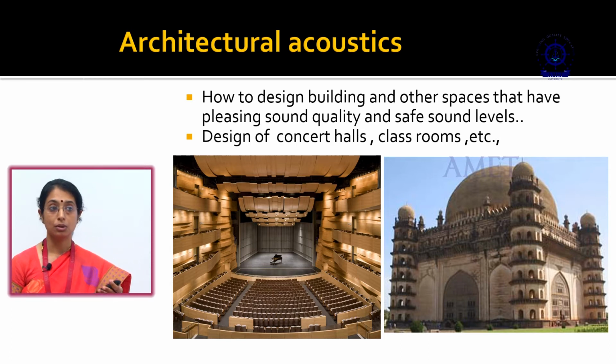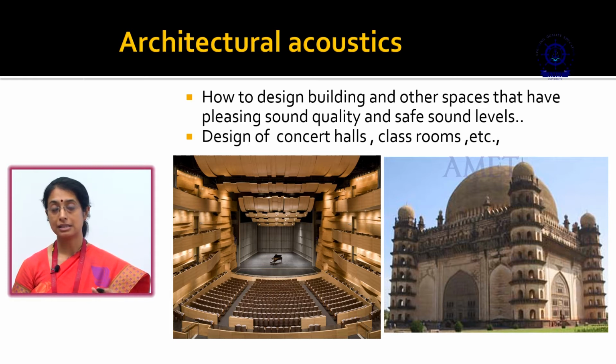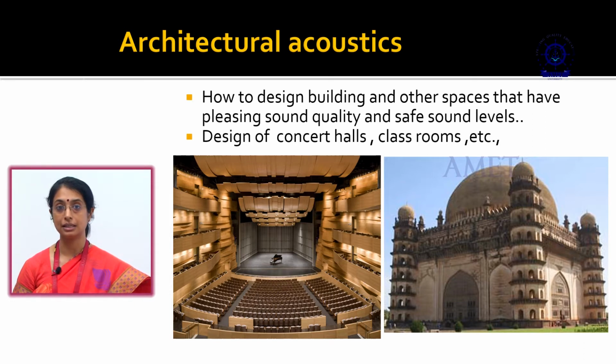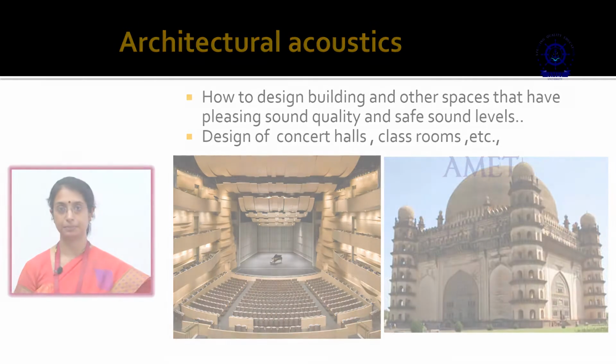It has also been modulated and designed so that several interesting architectural monuments have been built. So sound plays a significant role in designing architecture, and we have to design an architecture depending on the quality of the sound that you need.